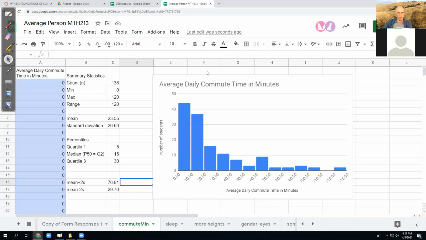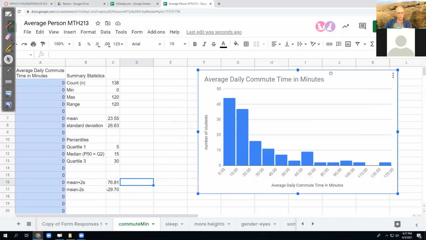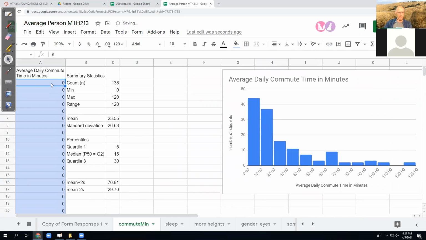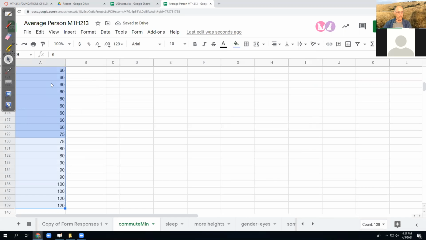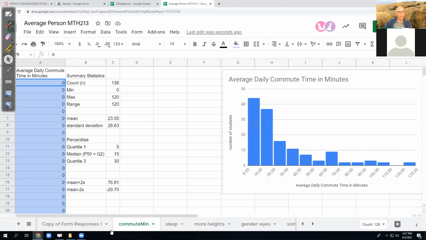So I counted here, what was it, 122? Eek, I forgot. 128, okay, out of how many? 138. So if I take 128 and divide by 138, I get almost 93%.